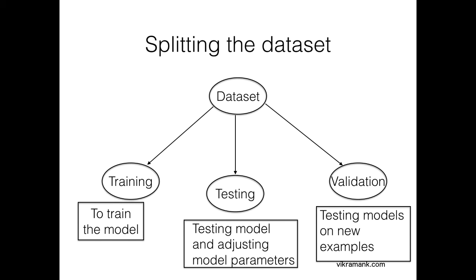You might ask, why do we need another validation dataset when we have a testing dataset? The problem is you're using the testing dataset to adjust the model parameters and train it again. So in order to test a model in a real world example, that is unseen examples, we need a validation dataset.